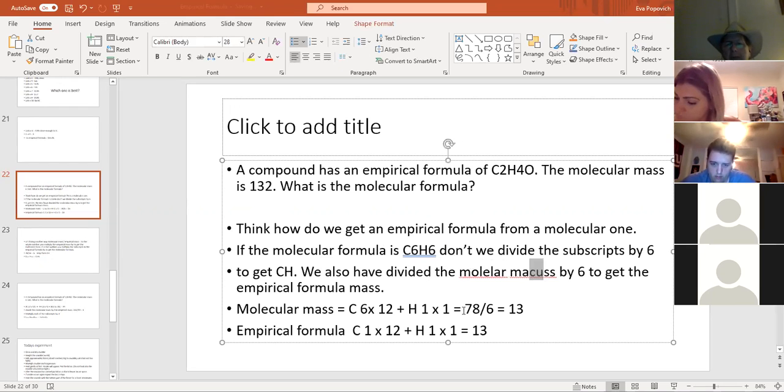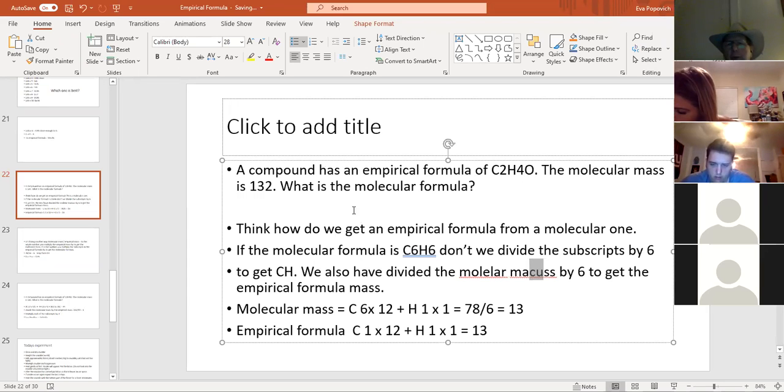My empirical formula weight is 13. If I divide 78 by 13, that number is going to be 6. All I have to do is take my whole number 6 and multiply it by the subscripts on each of the elements in my empirical formula. That will give me my molecular formula.